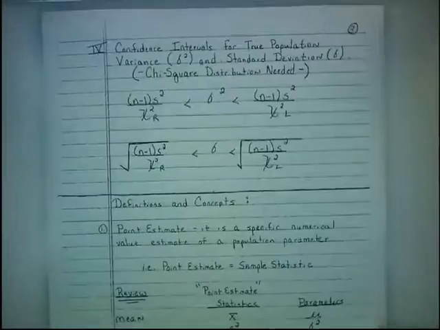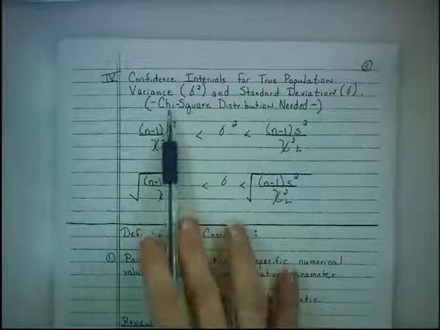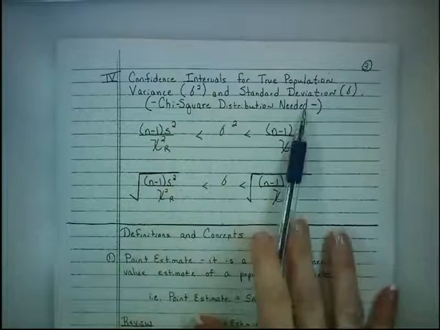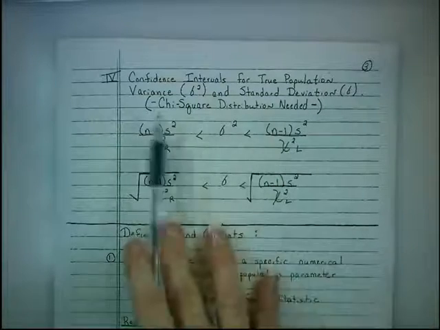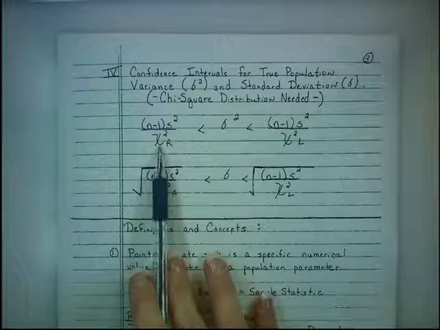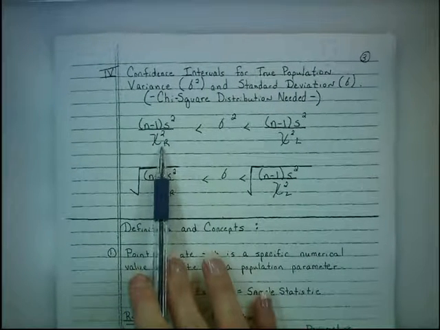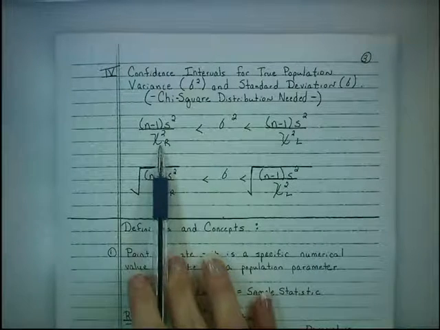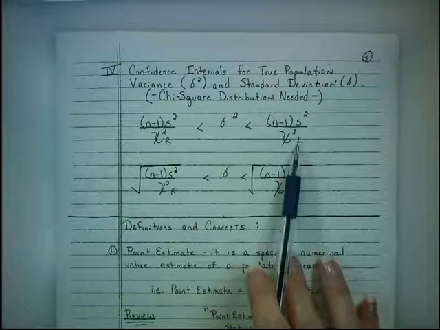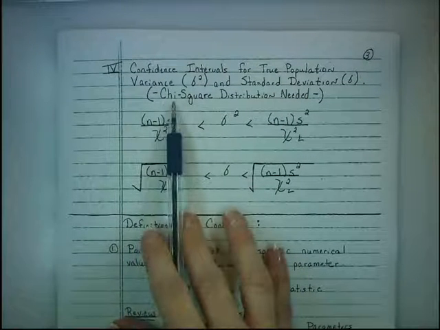And the last one is for the true population variance and standard deviation. We need a new distribution called the chi-square distribution. I'm going to teach you its properties and how to use the chi-square table. From the table, based upon the given degree of confidence and the sample size, we will find two values known as chi-square from the right and chi-square from the left. This is not a capital X, it's the Greek letter chi, and you do pronounce it as chi, not chi.